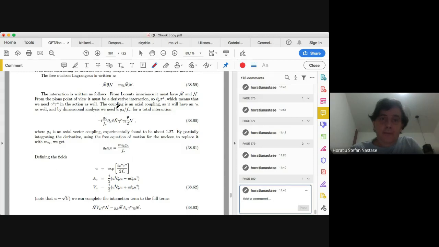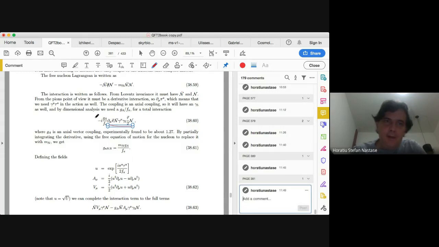But then this is an axial coupling. This interaction is an axial one. So it has to have a gamma 5 as well. So we find all of this interaction piece.